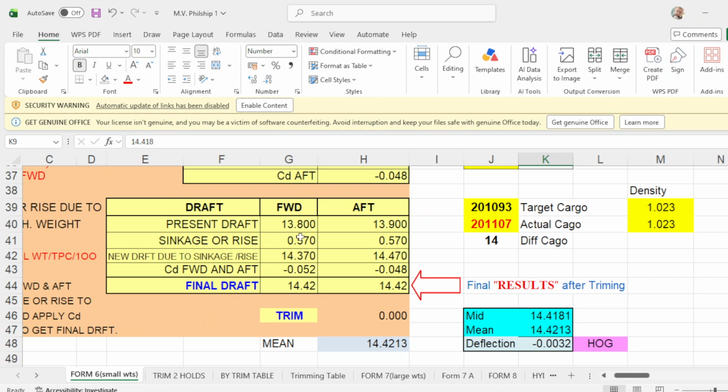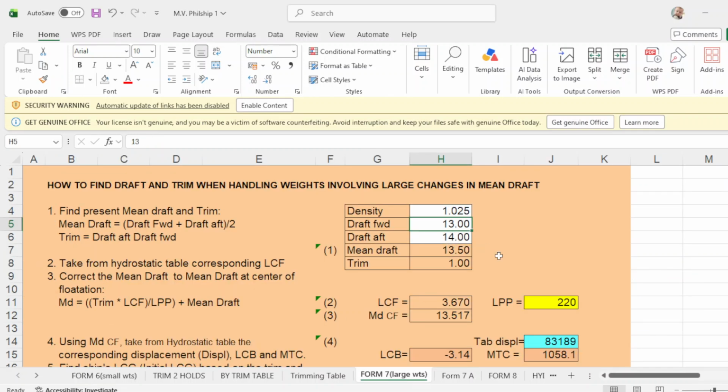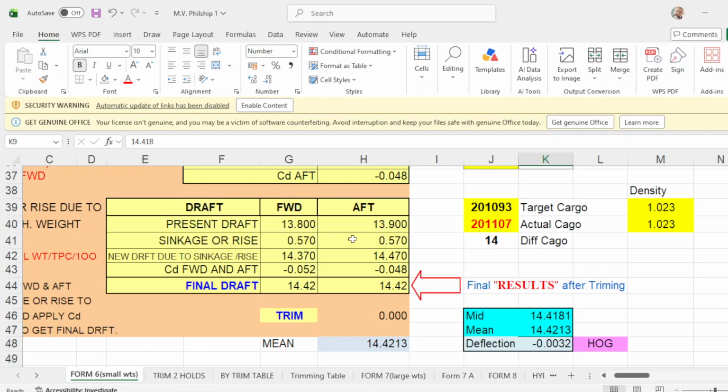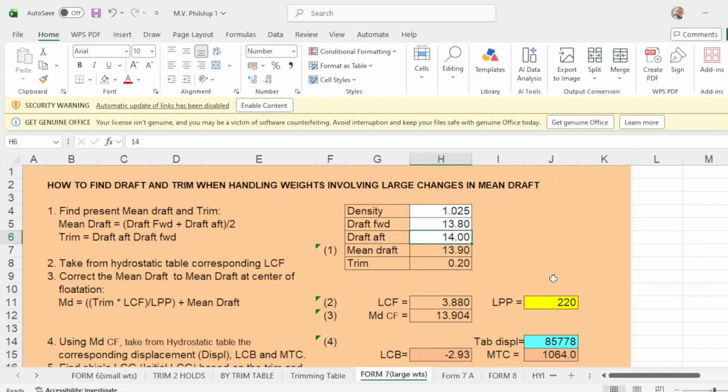Okay? And your draft forward is 13.80, so put here 13.80. And your draft up is 13.90, so you put 13.90. Then your main draft is 13.85.